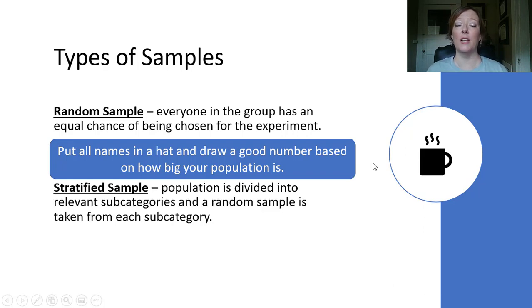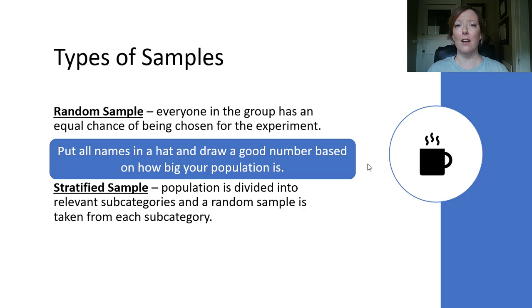Another way of sampling is to get a stratified sample. What you want to do in a stratified sample is you want to divide your population into subcategories that make sense to you. So you want to make sure that each department is represented in a way that is representative of how many teachers are from that department.